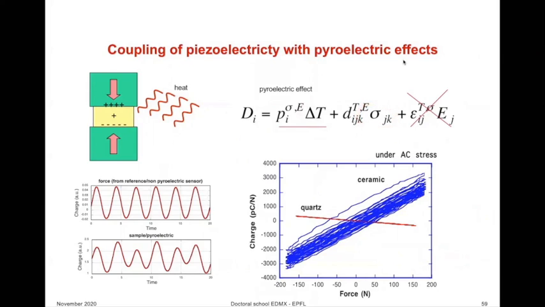So what we have here is piezoelectric material. This plus should go here and not there. And so if this material is piezoelectric, when we apply pressure, we will produce some charges on the surface of this sample. This should also go on yellow.